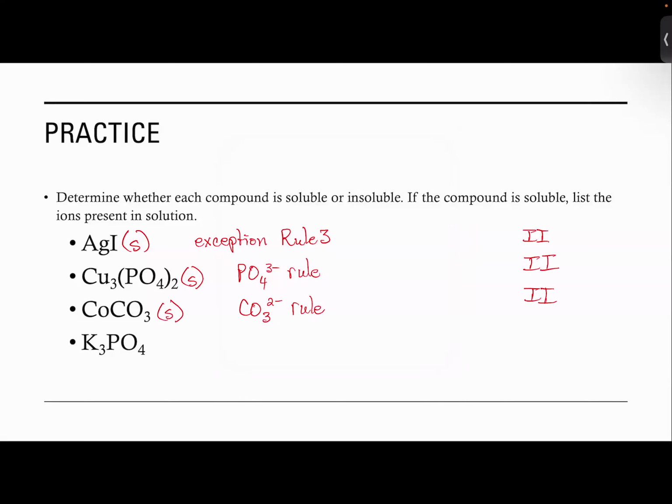But potassium phosphate would be a soluble ionic compound that would dissociate into 3 potassium ions and a phosphate ion because of rule 1. And so it is a soluble ionic compound.